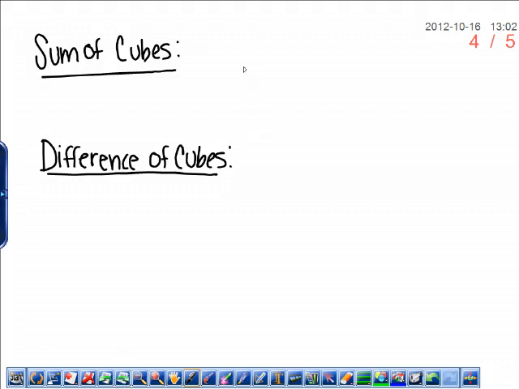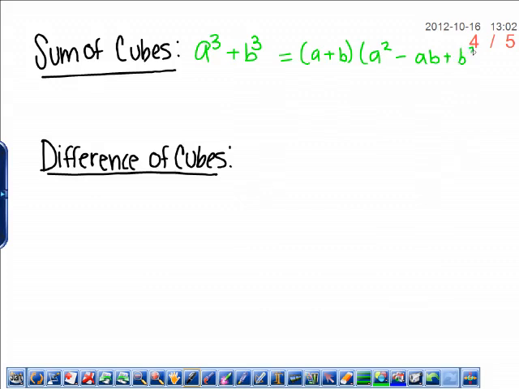Your rule for sum of cubes, anytime you have a cubed plus b cubed, that factors into a plus b times a squared minus ab plus b squared.